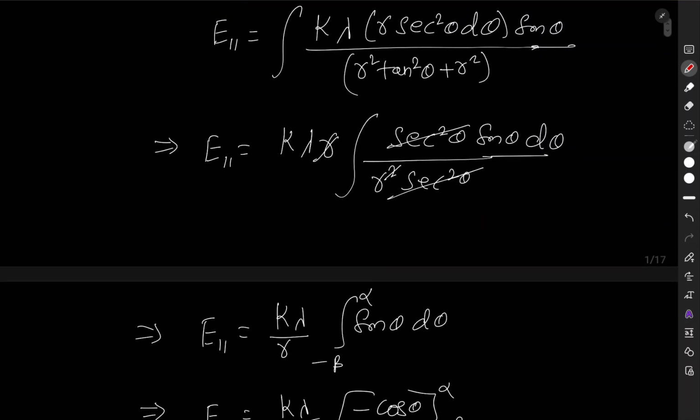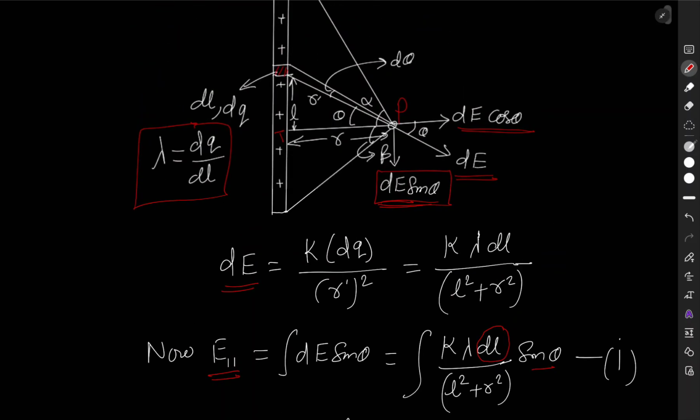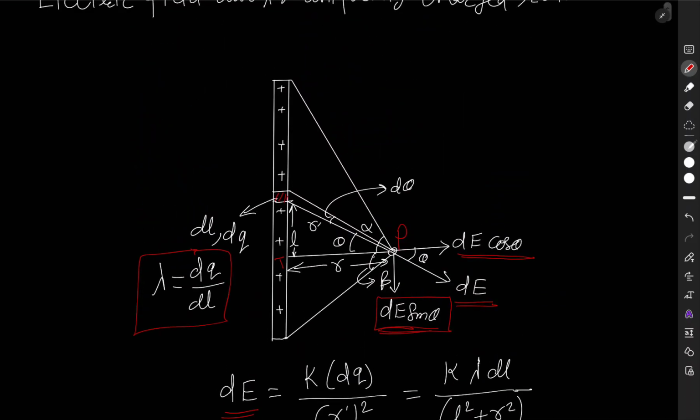Now we will have to integrate this sin theta. The limits of theta we can see from this diagram. The lower limit will be angle beta, and because this angle is downward, we will take it as minus beta. Why? Because here we were taking the upward angle theta as positive, that's why the downward angle will be negative.